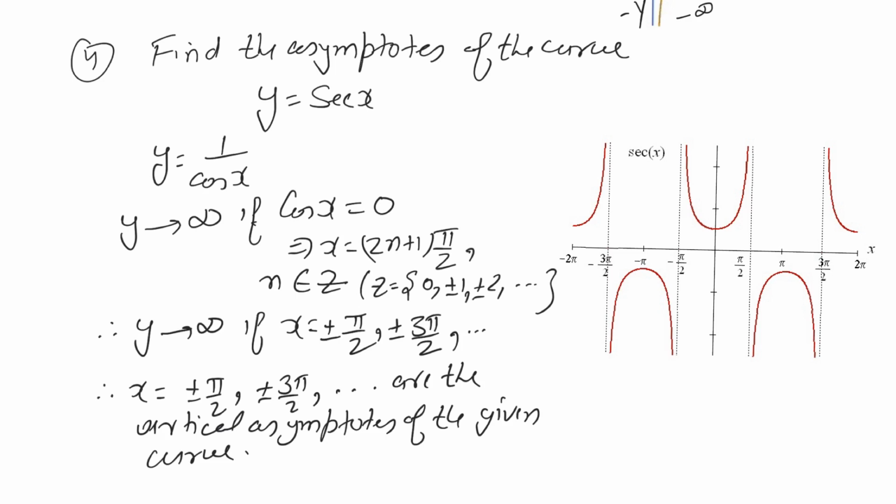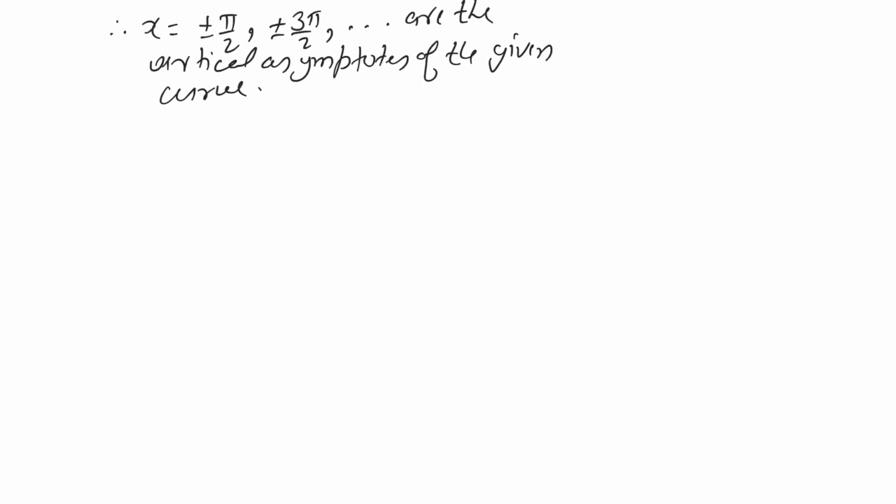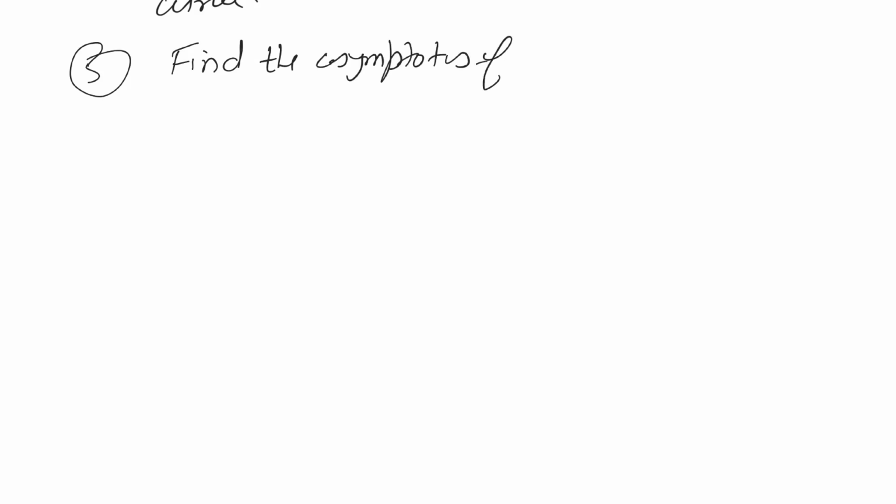Now we shall take the next question, and next question is, find the asymptotes of y is equal to cosecant x. We know cosecant x can be written as 1 by sin x.